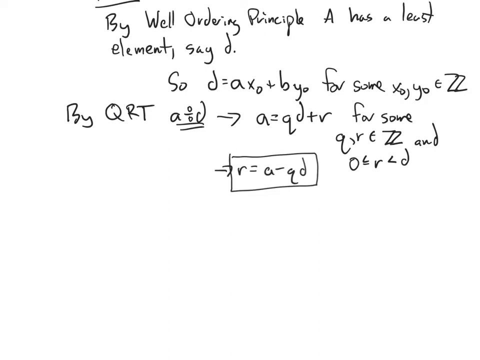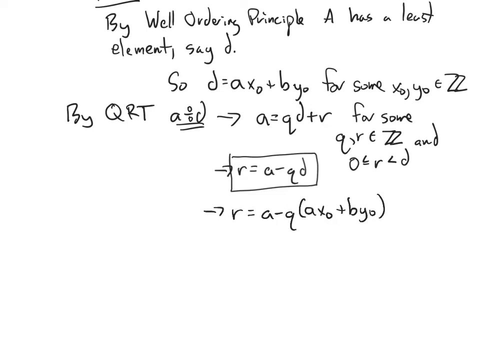But we know D is a linear combination of A and B, so let's fill that in. So we get that R is A minus Q times D, but D is AX naught plus BY naught. And then let's do just a little rearranging.